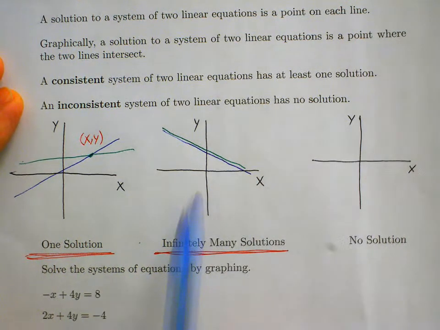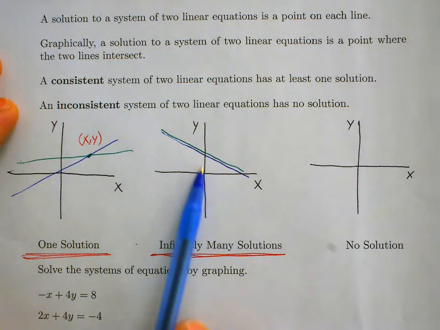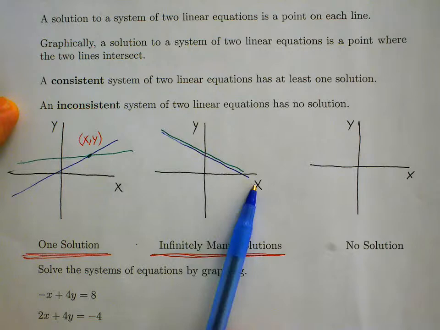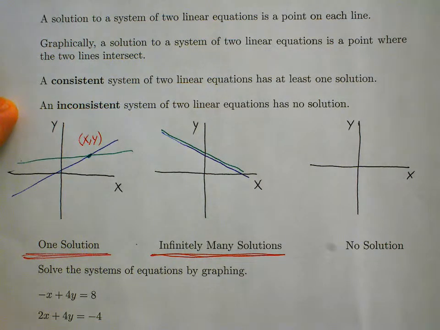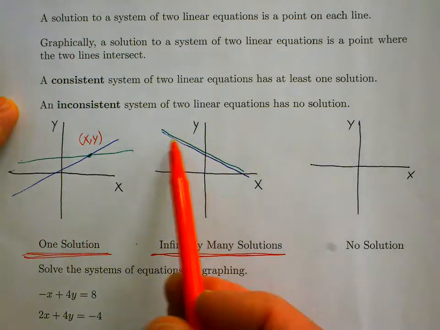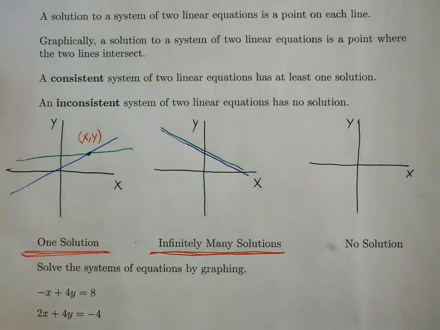So what I drew here is not really two different lines. I'm just intending to interpret that as one line, and the other line is exactly the same line. So the two lines intersect everywhere on that line. So there are infinitely many solutions to the system of two linear equations.